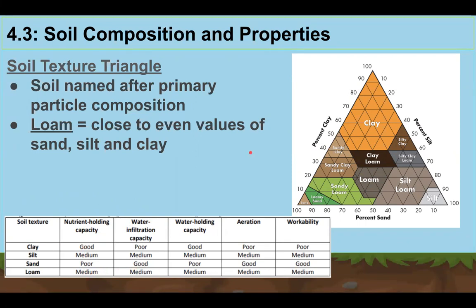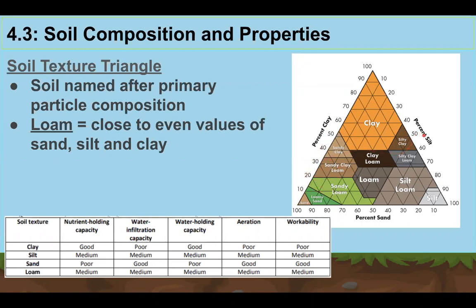So the triangle that we have over here, what you are going to want to look at are these numbers here, okay? For sand, notice how it's going like this. You're going to be looking at the diagonal line that's going up to the left, right? For the percent clay, you're going to be looking at the line that is going horizontally.